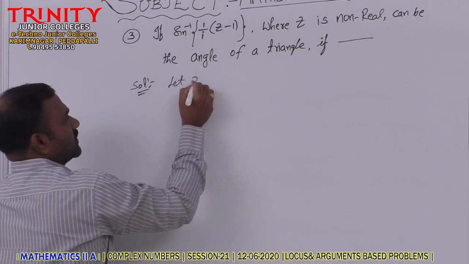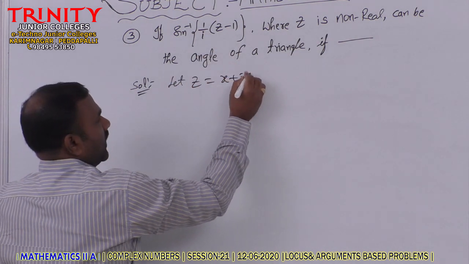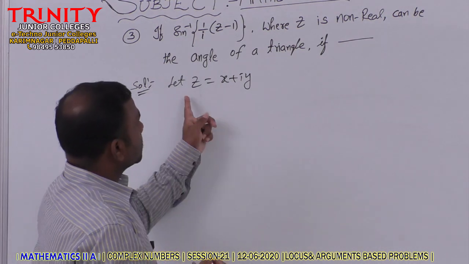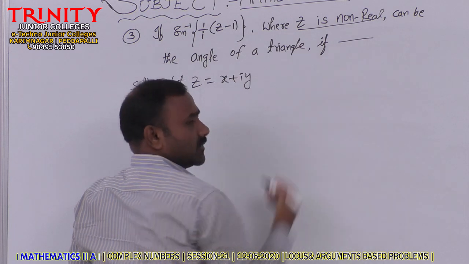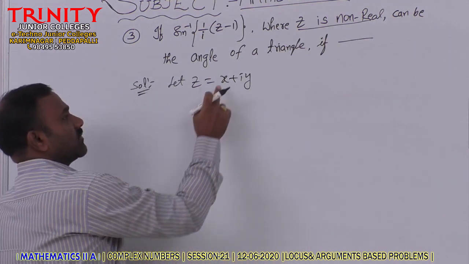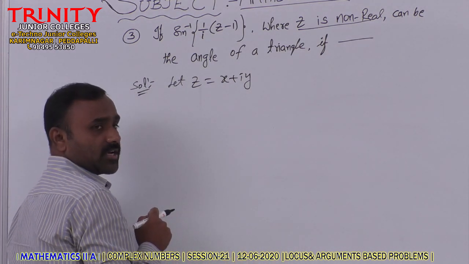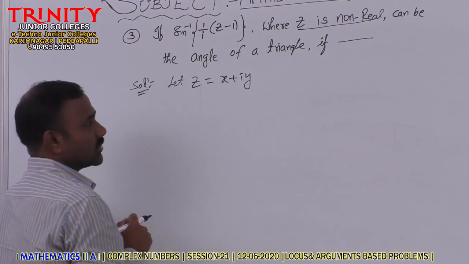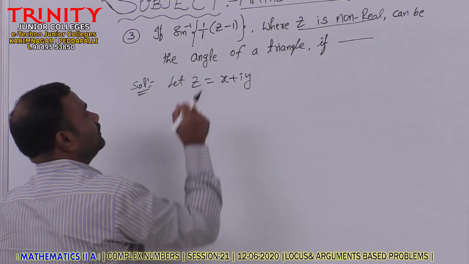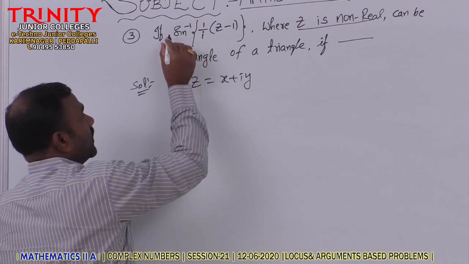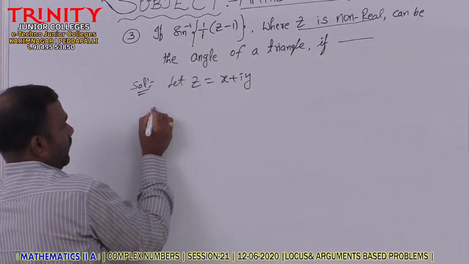Let us take z is equal to x plus iy. Why? Because he was saying that z is a non-real number, means it is an imaginary number. Therefore, z is equal to x plus iy I am taking. Now, one more point we have to observe here.